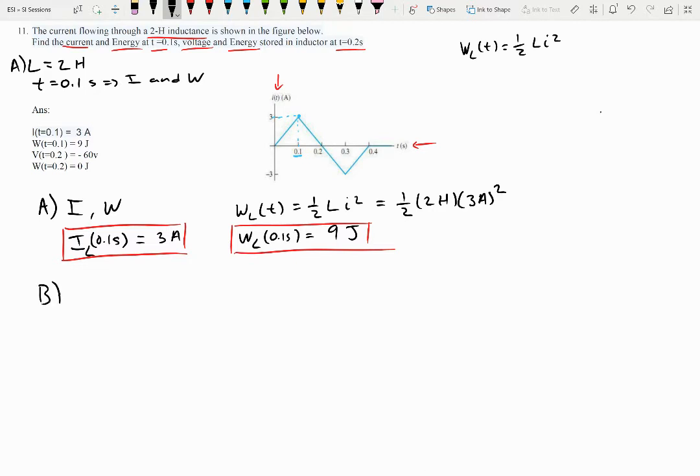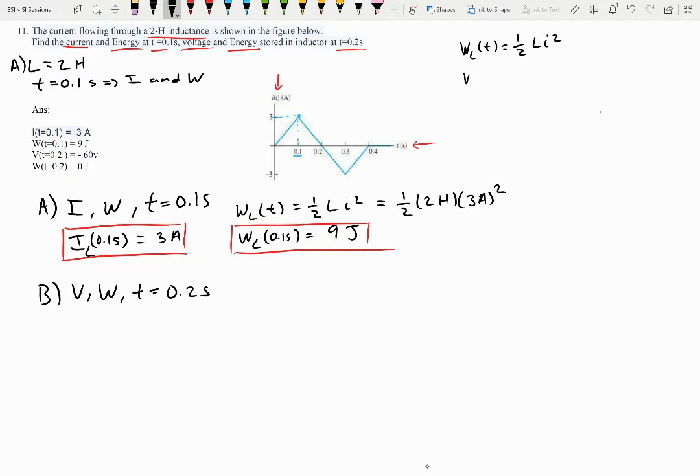Then part B is for time equal to 0.1 seconds. Part B wants us to find the voltage and the energy at time equal to 0.2 seconds. So we need another equation.